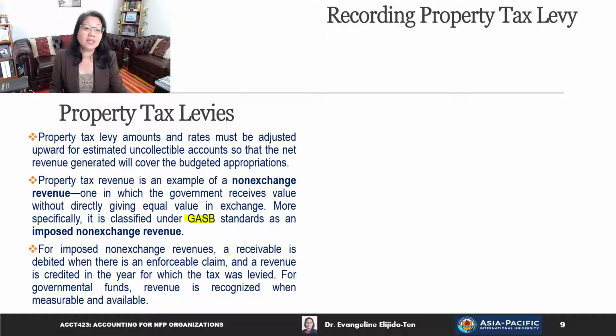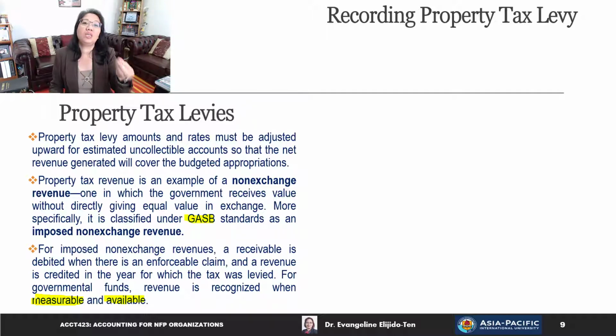So for governmental funds, however, the revenue is recognized when it is measurable and when it is available. Measurability is quite easy to achieve because once you know how much tax levy we can impose, you can measure it already.